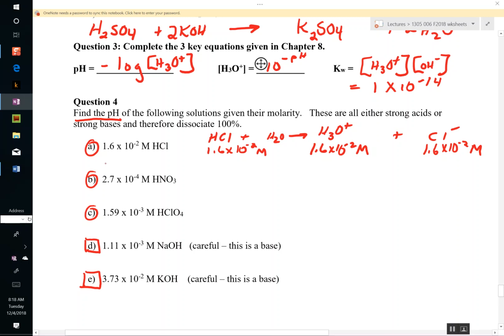So the pH is going to equal the negative log of 1.6 times 10 to the minus 2. So now, go ahead and do that. Get out your calculator.